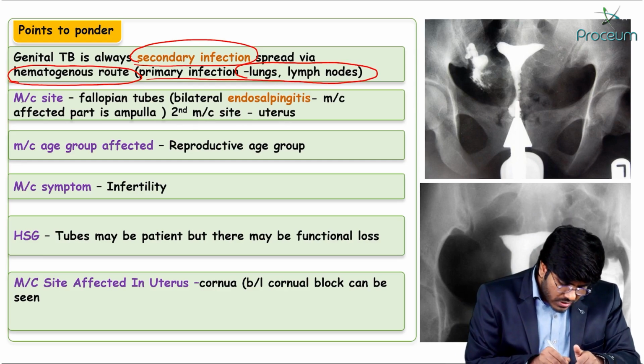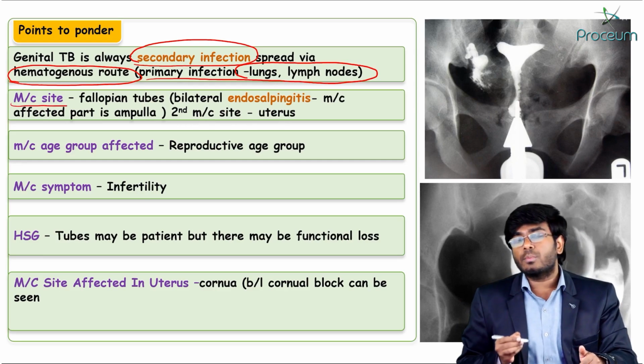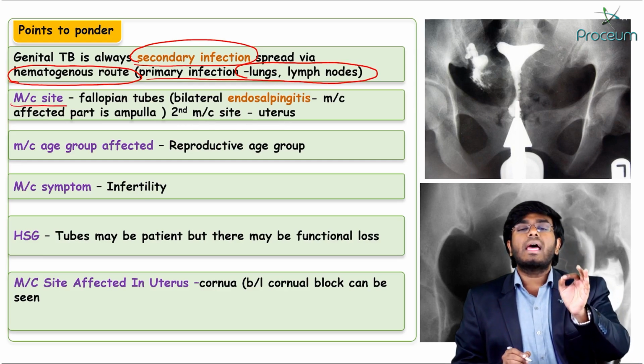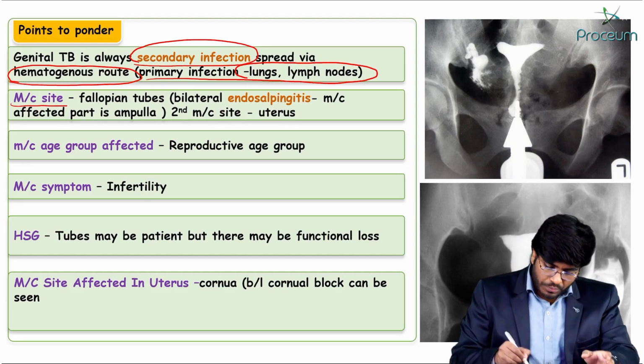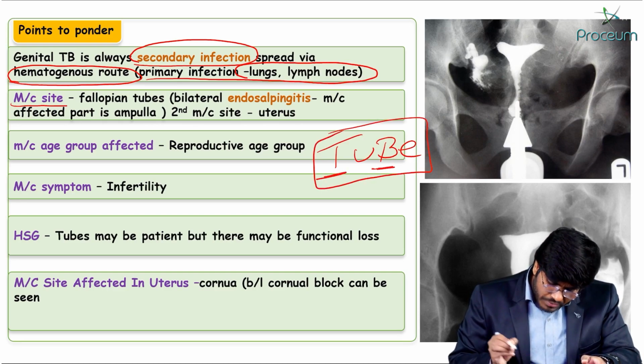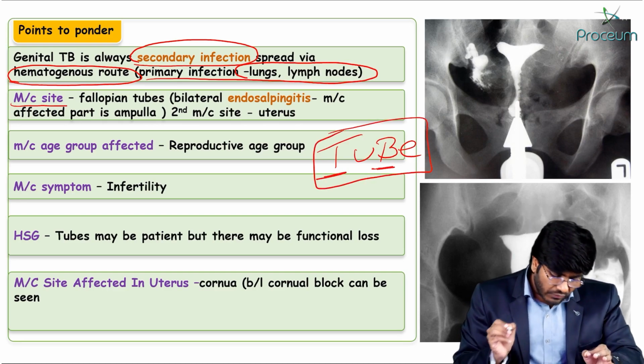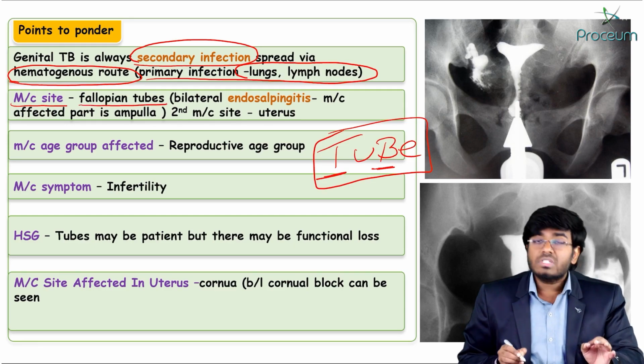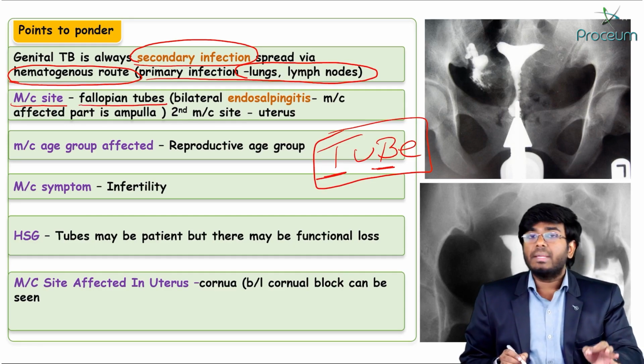Now, the most common site of genital tuberculosis is, see, TB likes to affect tubes. So the fallopian tubes are most commonly affected, bilaterally.